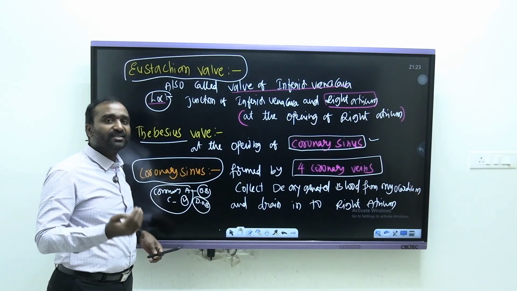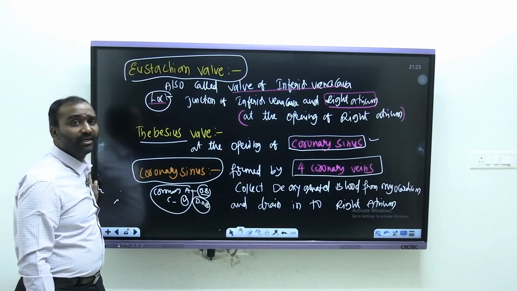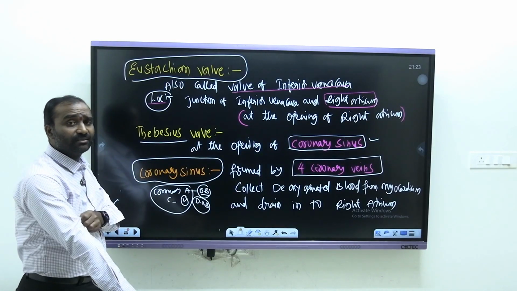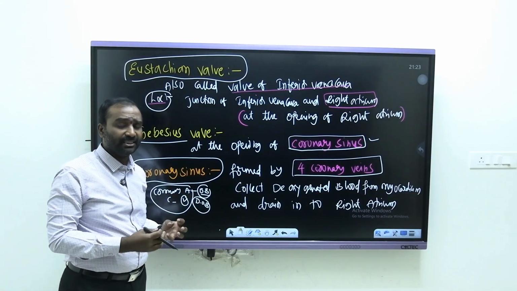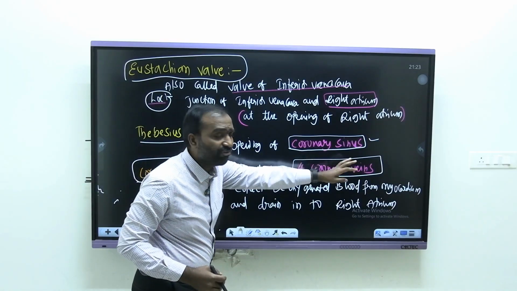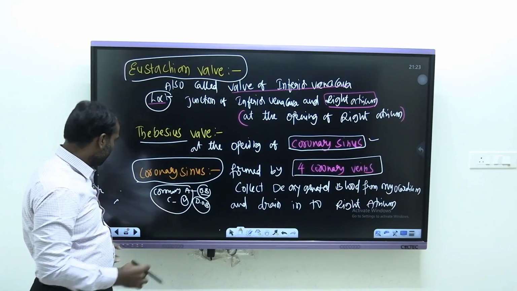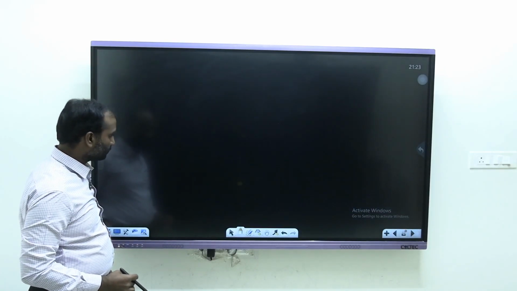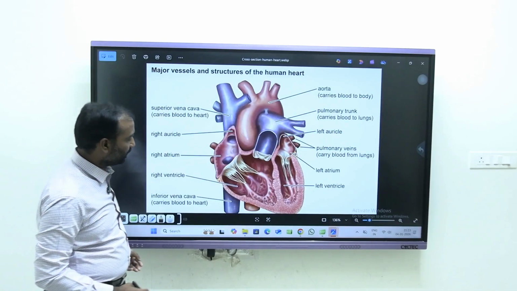And for that oxygen is required. So that oxygen is supplied by the coronary artery. Then after that deoxygenated blood is also formed, so that will be collected by the coronary vein. Such coronary veins are 4. Together they form the coronary sinus.